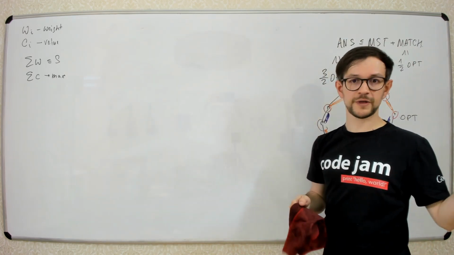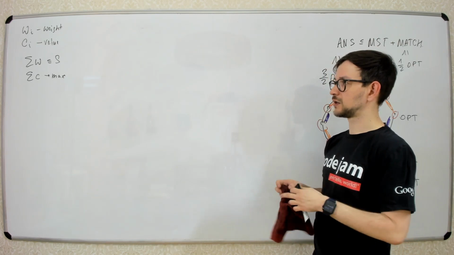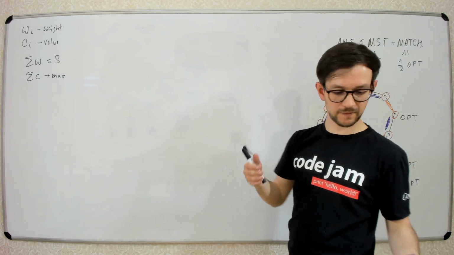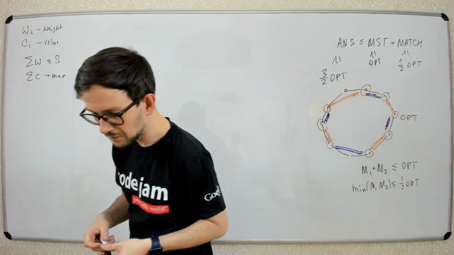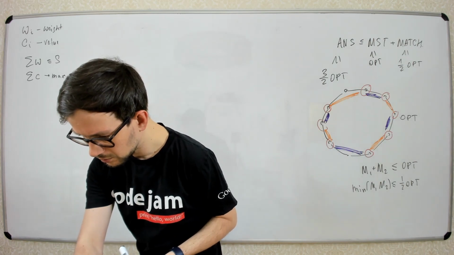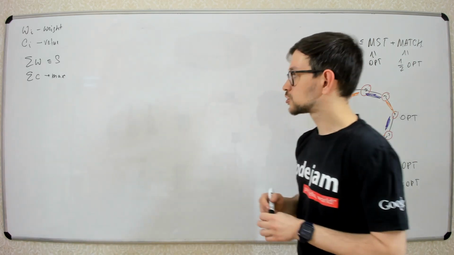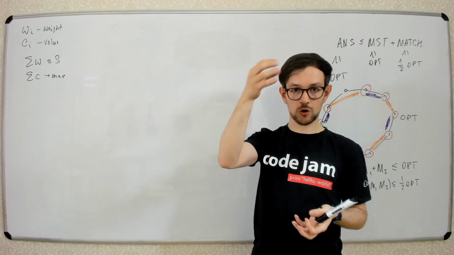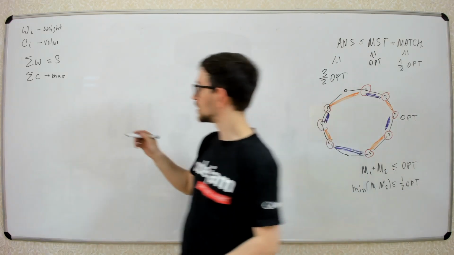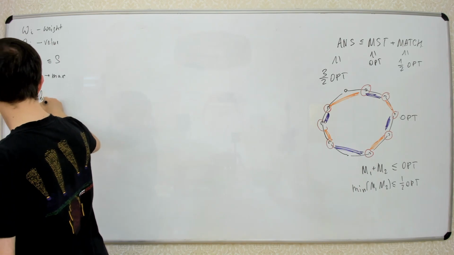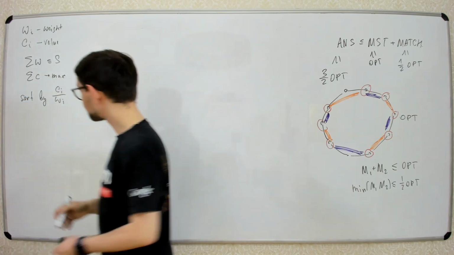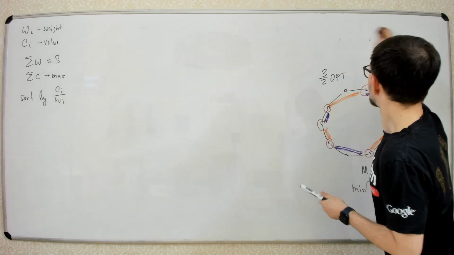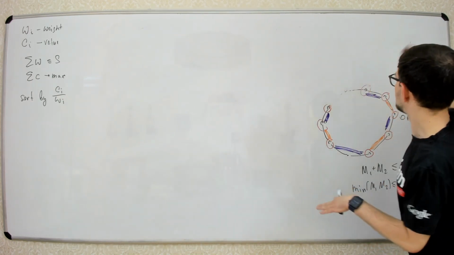We will sort all the items by the ratio of the value divided by the weight, c_i over w_i. And now let's put all the items in a knapsack in this order.